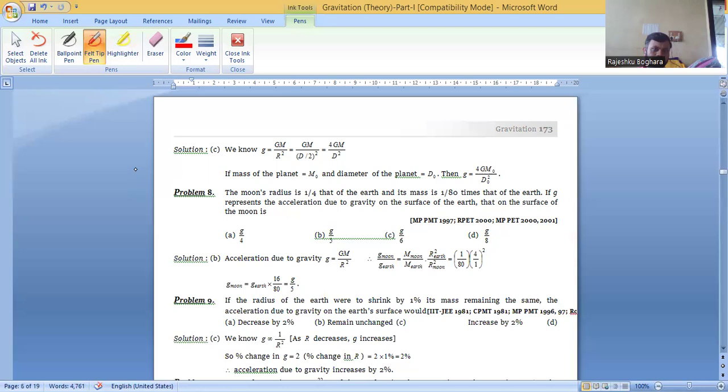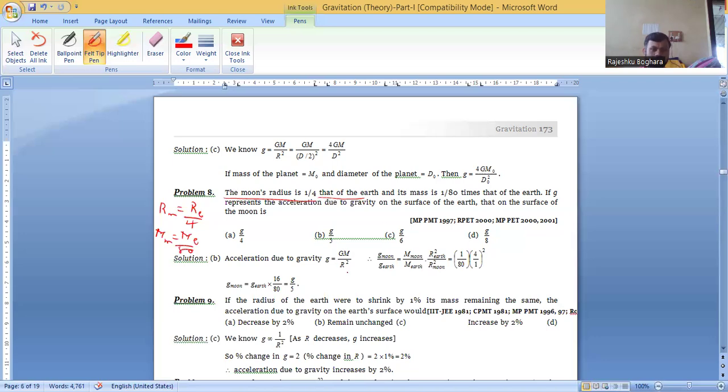Next, question 8. The moon's radius is 1/4 of the Earth's, so R moon is equal to R Earth by 4. And mass is 1/80 of the Earth's, so M moon is equal to M Earth by 80. If g represents the acceleration due to gravity on the surface of the Earth, what is that on the surface of the moon?